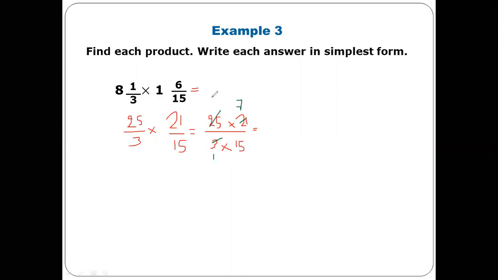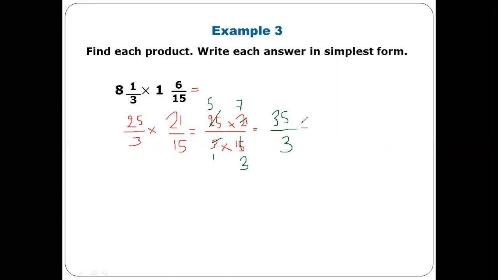So 25 divided by 5 is 5. 15 divided by 5 is 3. Now, none of the numbers in the numerator share a common divisor with the numbers in the denominator. So I multiply the numbers in the numerator to get 35. And then I can multiply the numbers in the denominator to get 3.